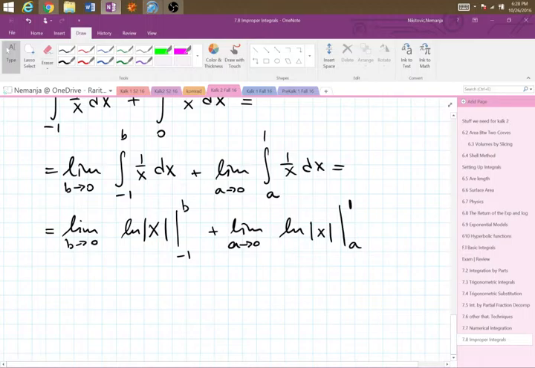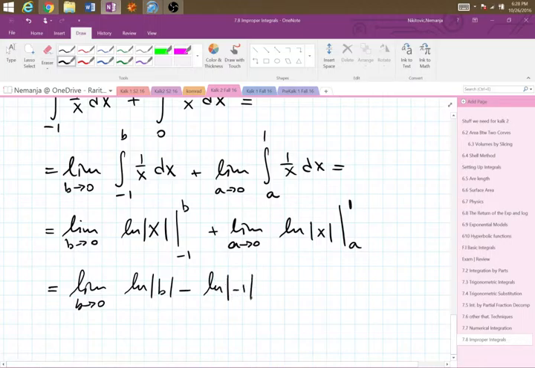So now what we do is solve these. Limit b goes to 0 of ln of b minus ln of absolute -1, plus the limit a goes to 0 of ln 1 minus ln a.